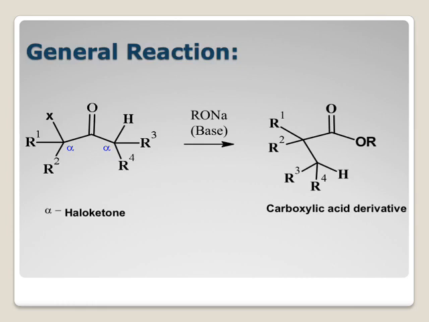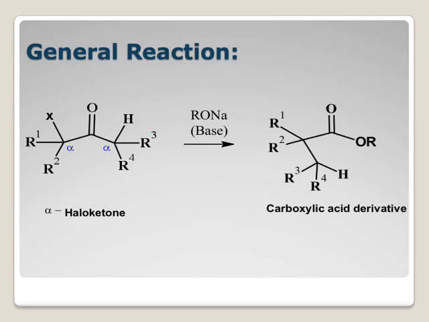Now here you can see in the starting material I have shown two alpha positions. With respect to this carbonyl group there are two alpha positions. So the main requirement is that at one alpha position we need at least one halogen, and on the other alpha position we need at least one alpha hydrogen atom.